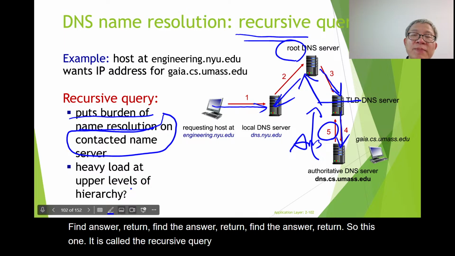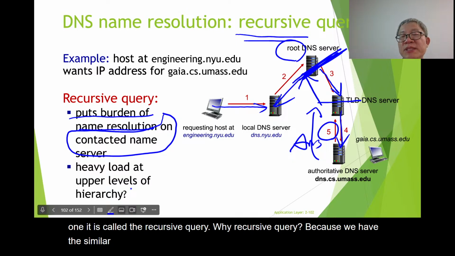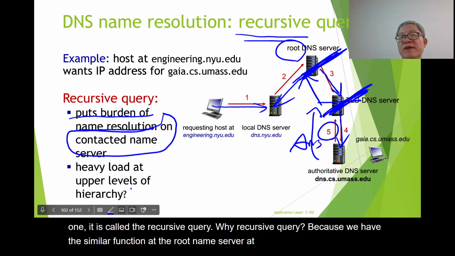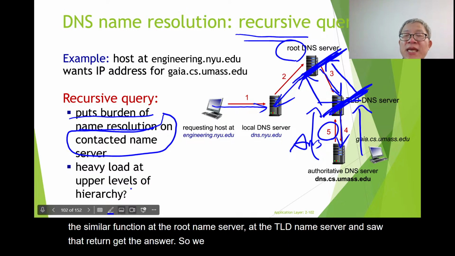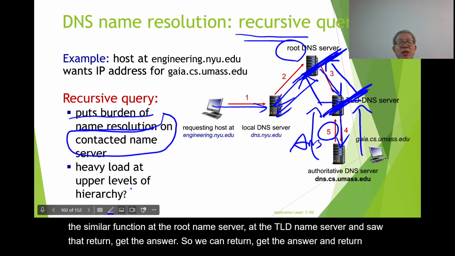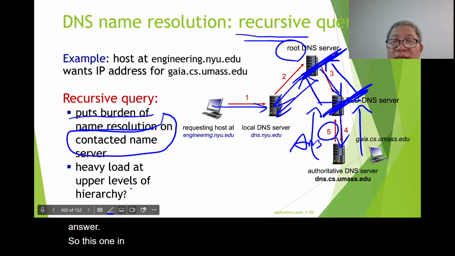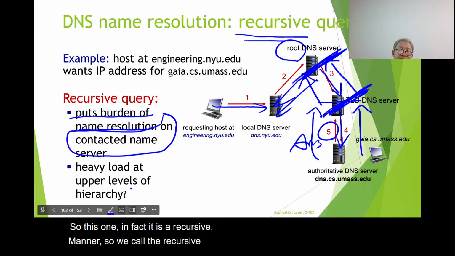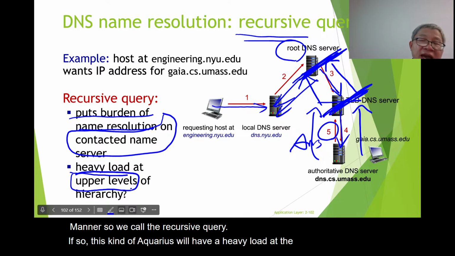Why recursive query? Because we have the similar function at the root name server and at the TLD name server, so that they return the answer. In fact, this is a recursive manner, so we call it the recursive query. If so, this kind of query will have a heavy load at the upper levels of the hierarchy.